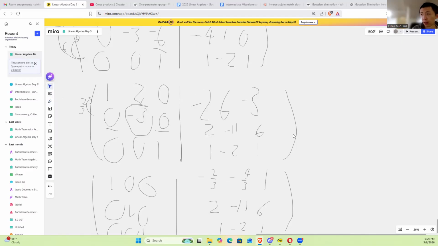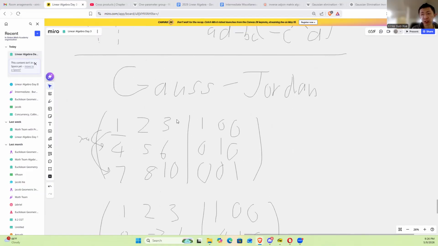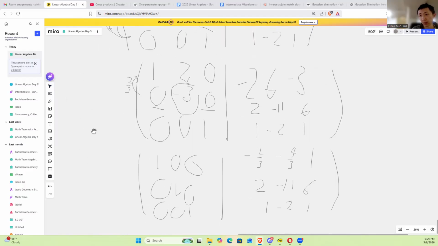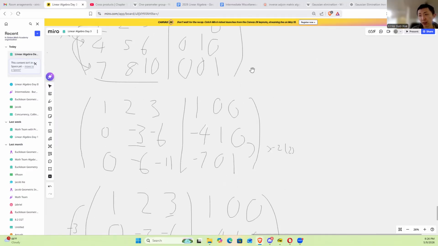It's like we did a bunch of row operations on this matrix and ended up with the identity. If we start with the identity and do the same operations, they're going to reverse each other.